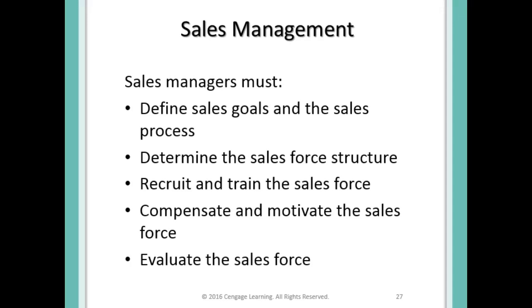So sales are what drive that corporate engine to keep it running. On the screen here, you'll see five things that sales managers are responsible for. Just be aware of the five things they're going to be responsible for.